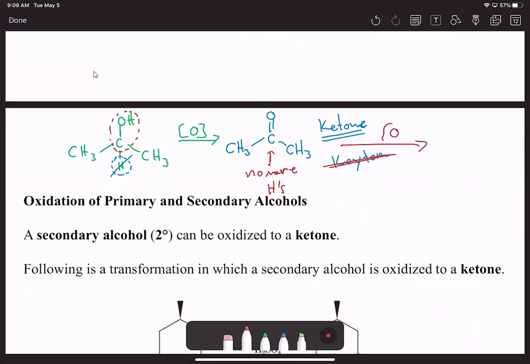So if we try to oxidize a secondary alcohol after it turns into a ketone, we're going to get no reaction. So we can't oxidize that again. So primary alcohol, we get an aldehyde, carboxylic acid. Secondary alcohol, we're only going to get a ketone, and we're not going to be able to oxidize it beyond that.